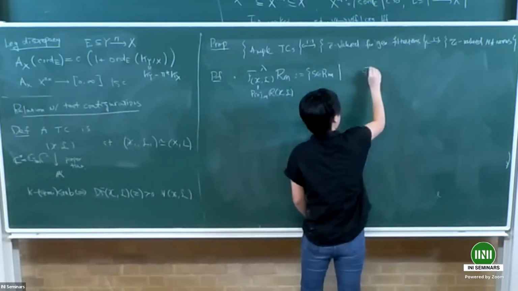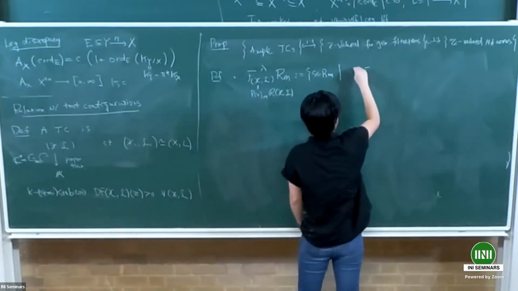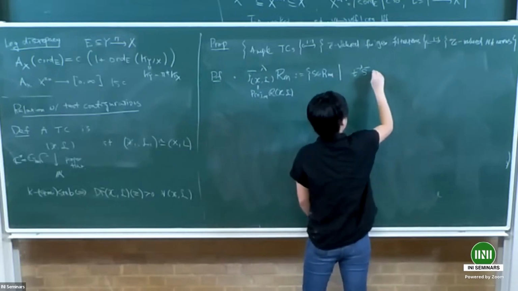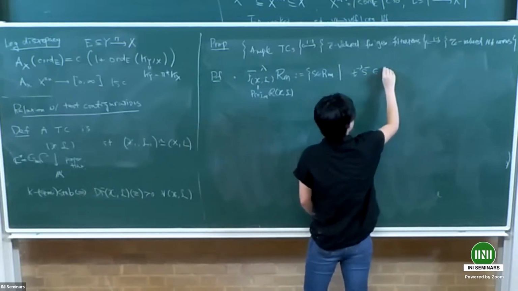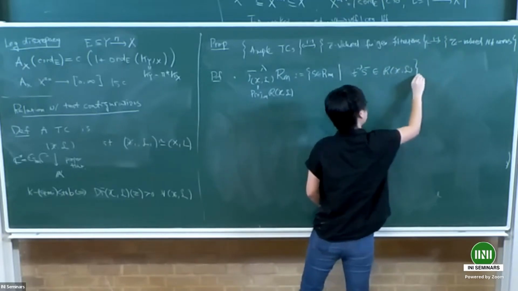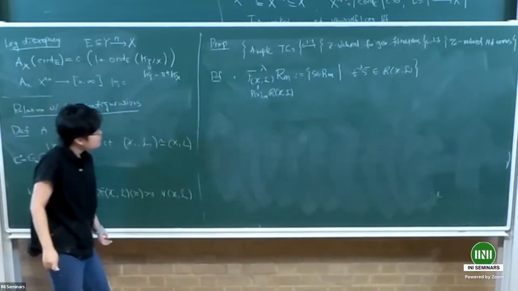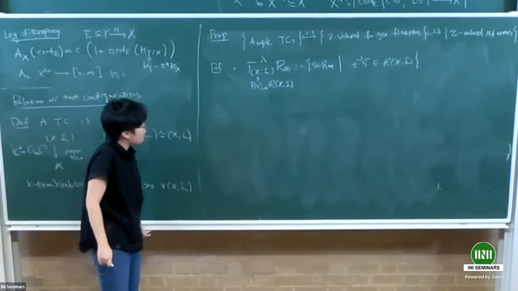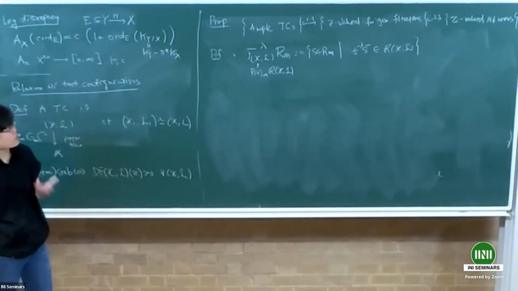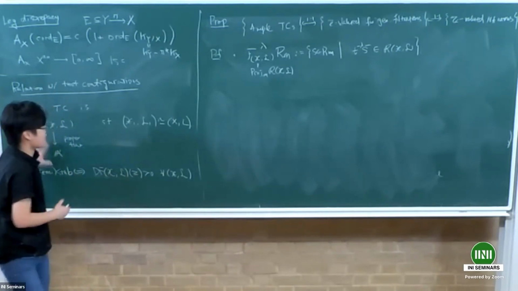And once you lift that, say this is the lifted section, you can multiply it by t to the minus lambda and demand that this is still in the section ring of the total space. So this is how you go from test configurations to filtrations. I'll give a more precise formulation later once we really understand the central fiber.